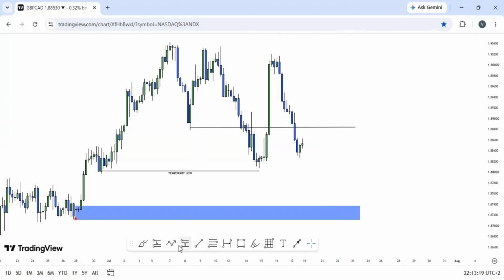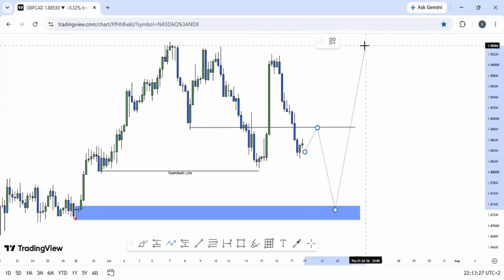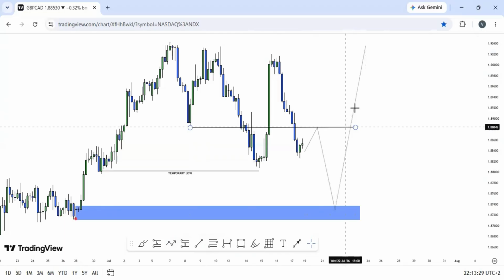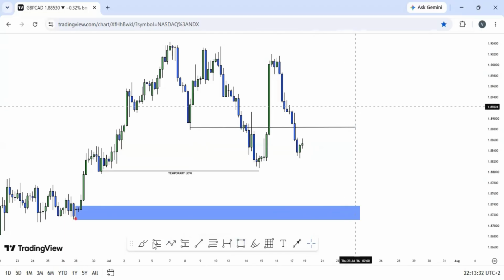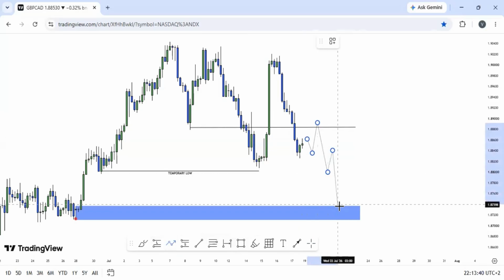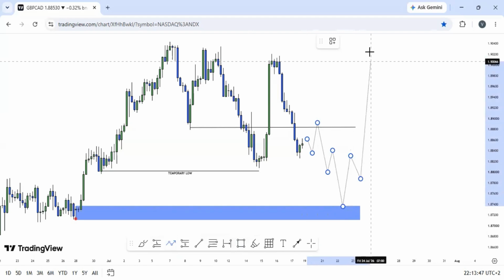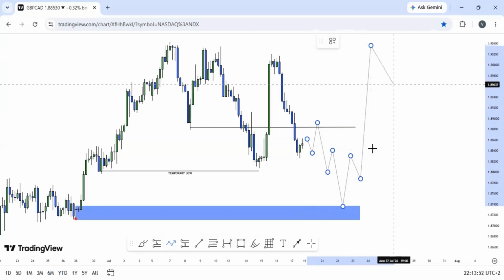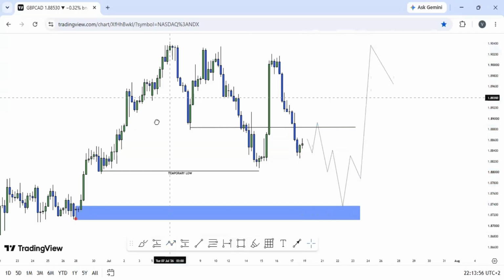If you want to take the sells, then continue buying, you can wait for the market to come back and eliminate this SNR, then sell, with your TP on this demand level here. Then you set up buy limits, continue the structure to the upside, and target that high there. This is what we are currently anticipating on GBPCAD.